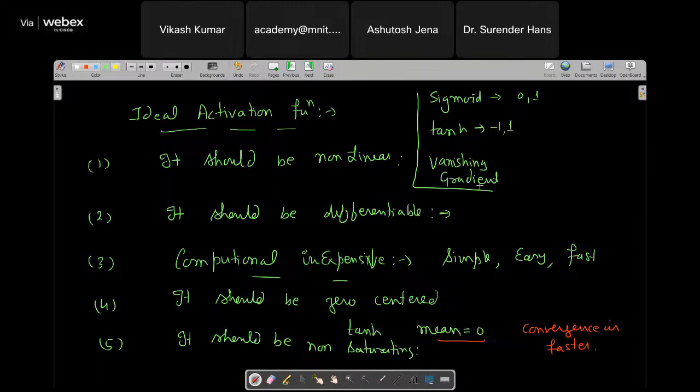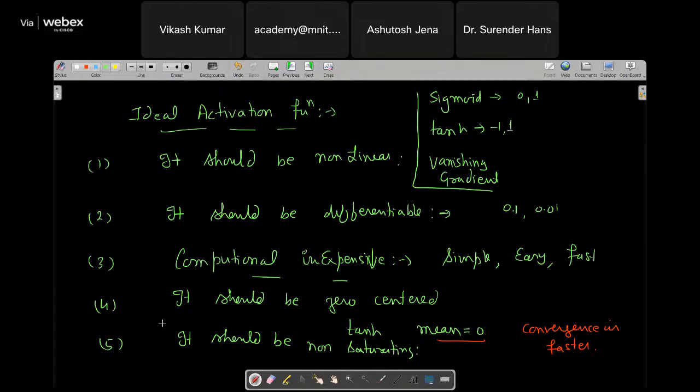Madam has already explained this vanishing gradient. The point is, when we do back propagation, the gradient will be very small, let's say 0.1, then 0.01, 0.0001, which means the weights are not updating. So these are the 5 characteristics that my activation function should have.